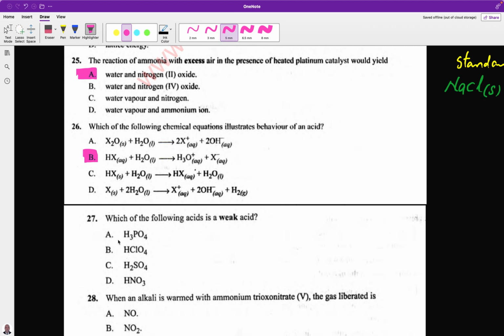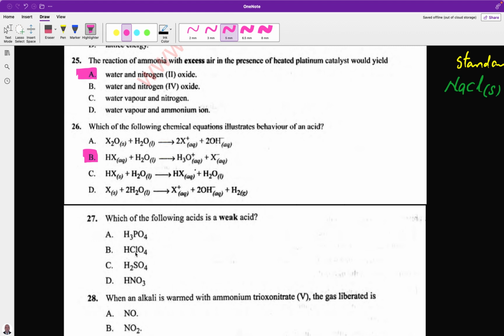So what is going to happen here? Among all these elements, we have nitrogen, sulfur and chlorine. All of them have strong electronegativity.